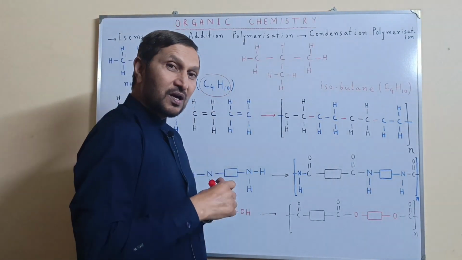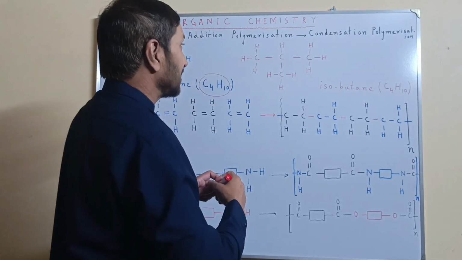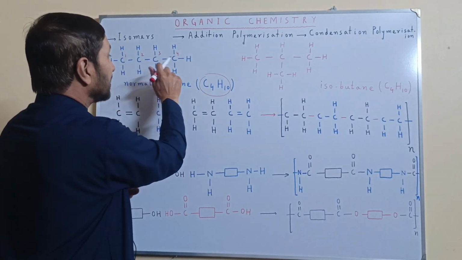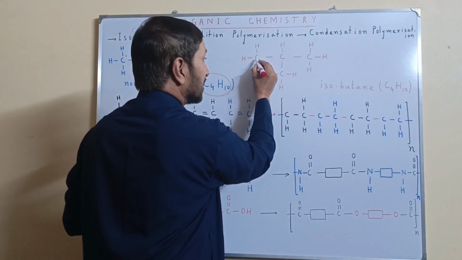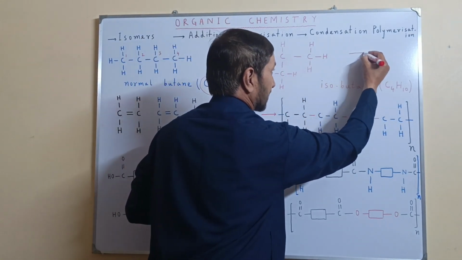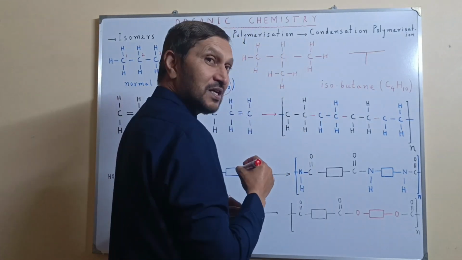So now come to another isomer of butane. This isomer is not the straight chain. This is the normal one which contains the straight chain, but this is not the straight chain. It is in the form of a T shape like this. I am drawing its structure like this, T shape.